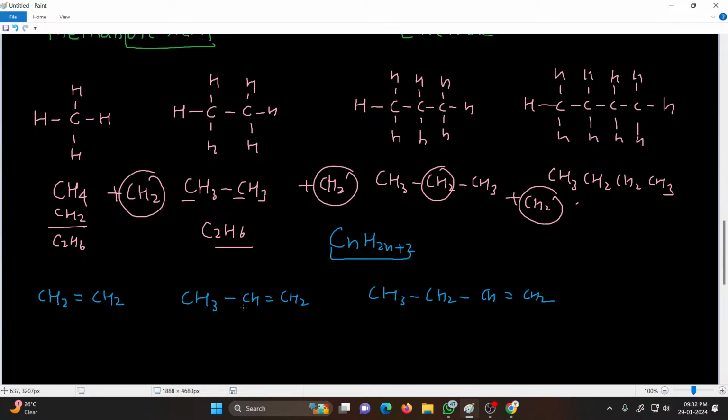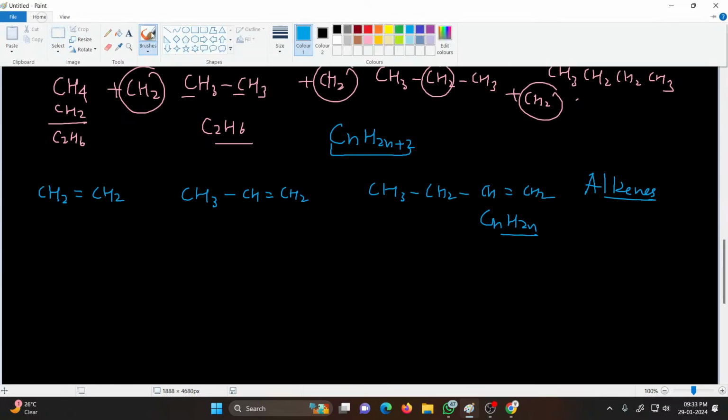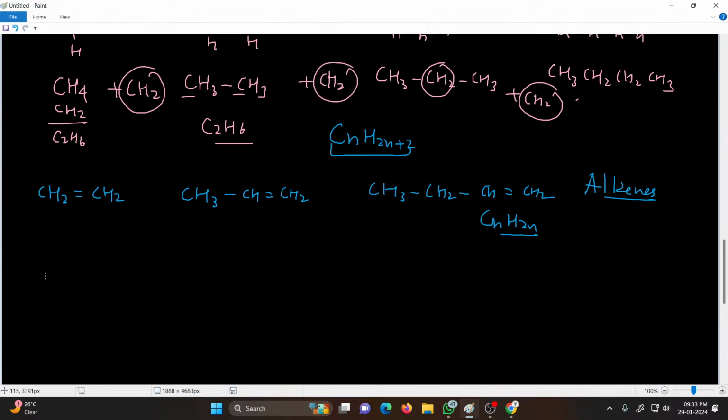Here also you can see that every time one CH2 group is added. So this is a homologous series of alkenes, with a general formula CnH2n.